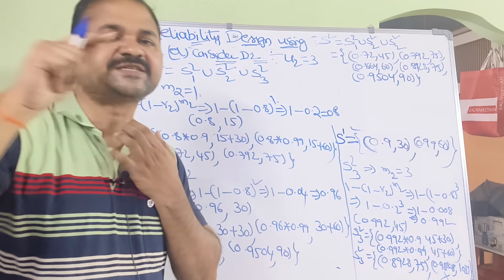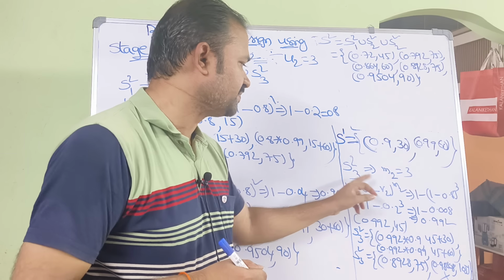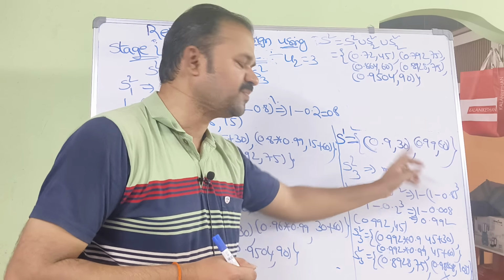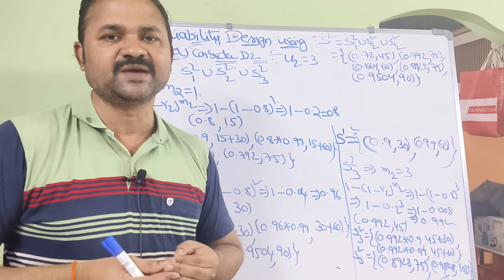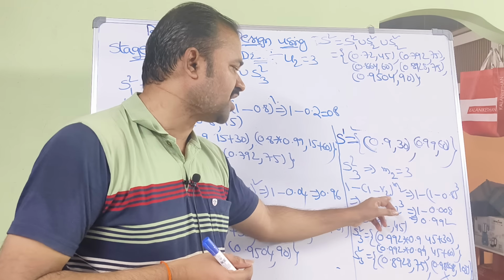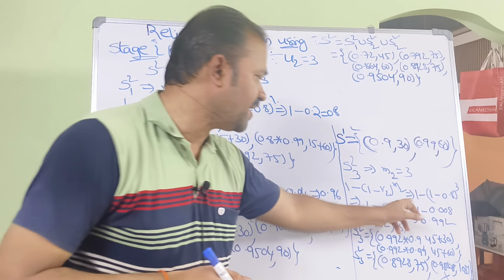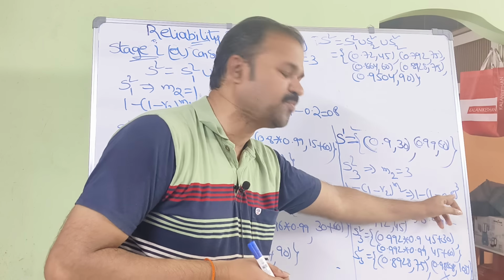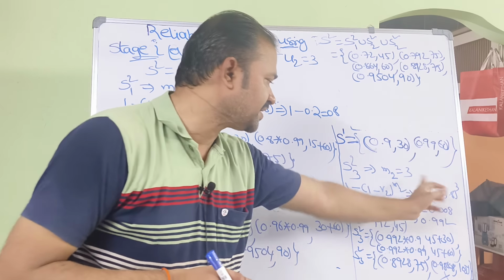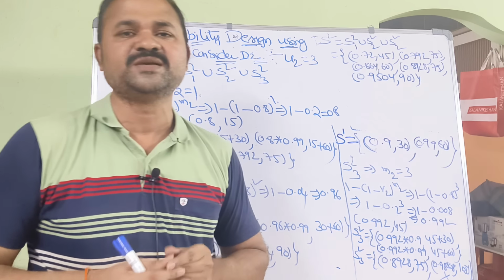Likewise, we have to compute S power 2 3. Here the M2 value, number of copies, is 3. Now let us calculate reliability. 1 minus R2 whole power M2. So 1 minus reliability 0.8 of the second device, whole power, here M2 value is 3.